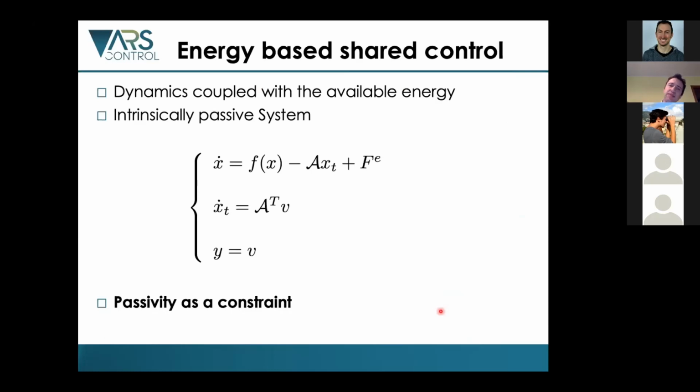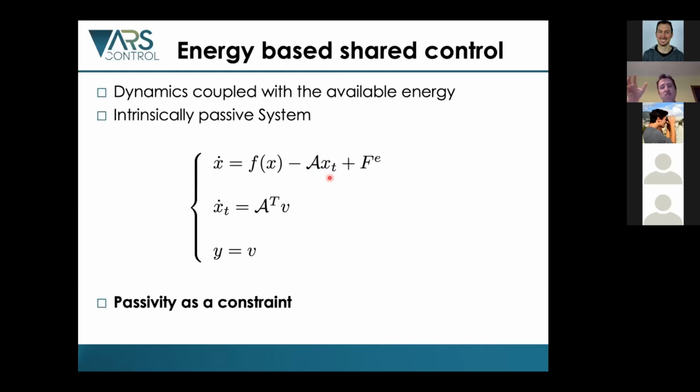And it turns out that the control structure is very simple because the dynamics of the overall system is augmented simply by these two terms, which represent the coupling between the tanks and the dynamics of the agents. And it works for general dynamics. So you see f of x is whatever, as long as it's passive.